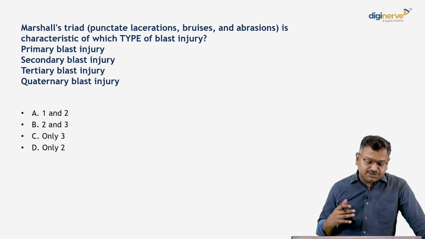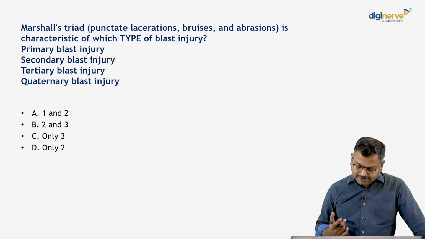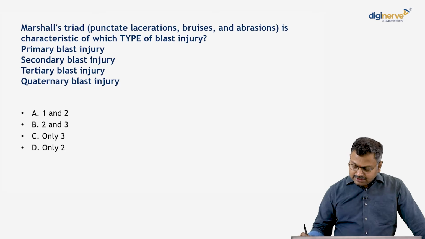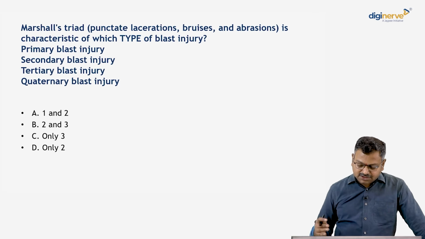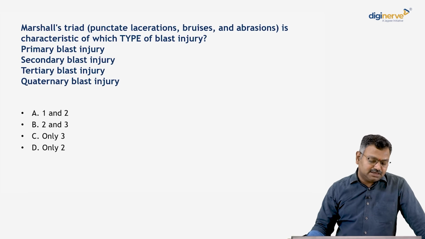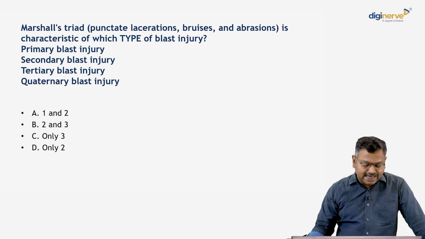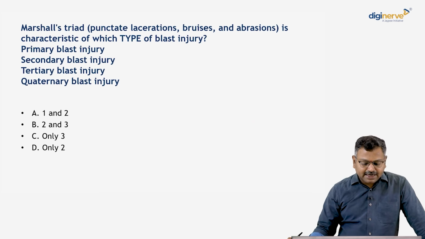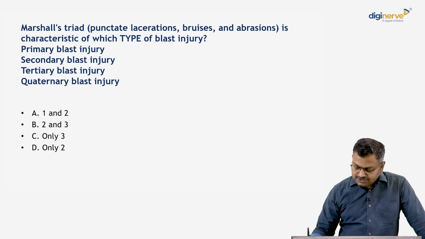Secondary blast injury is due to the flying debris or the shrapnel of the bomb. The tertiary injury is when you are thrown out against a solid object, and quaternary injuries are because of the burns or the toxins or the gas, etc. So, punctate laceration, bruises and abrasions are very, very characteristic of secondary blast injuries. It is not seen in the others.